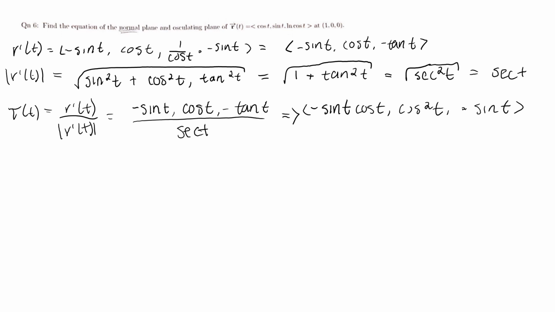We can go ahead and plug in the values for 1, 0, 0 to figure out our equation. Once we plug it in, we end up getting 0, 1 squared, and 0, which ultimately leads to 0, 1, 0, which equals j.